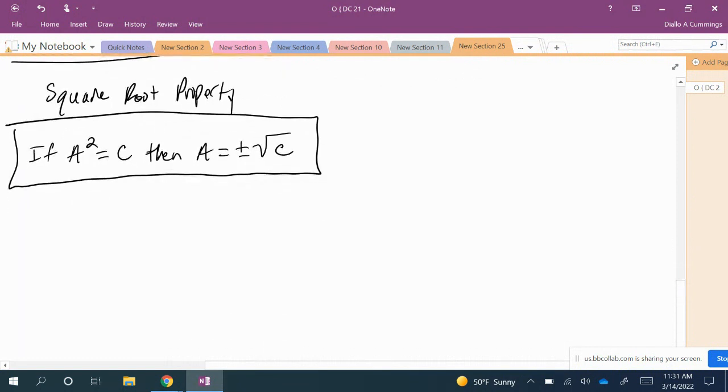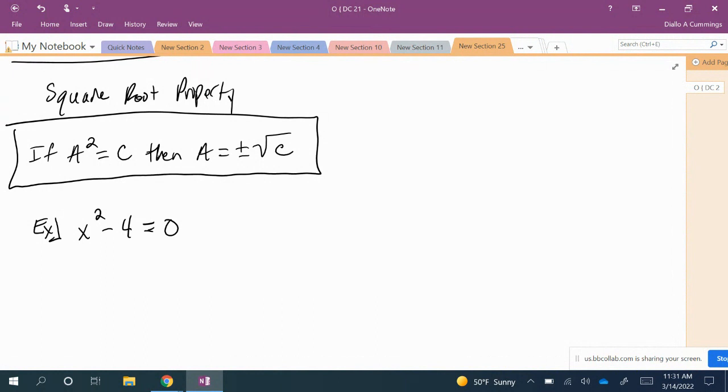All right, so here is an example: x squared minus 4 is equal to 0. Now, you could also factor and cancel this one.